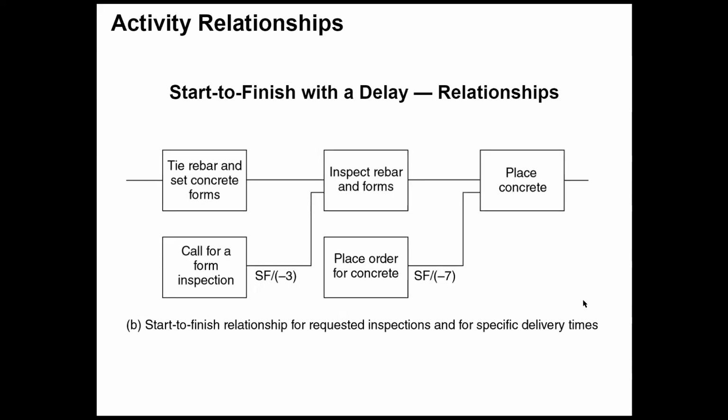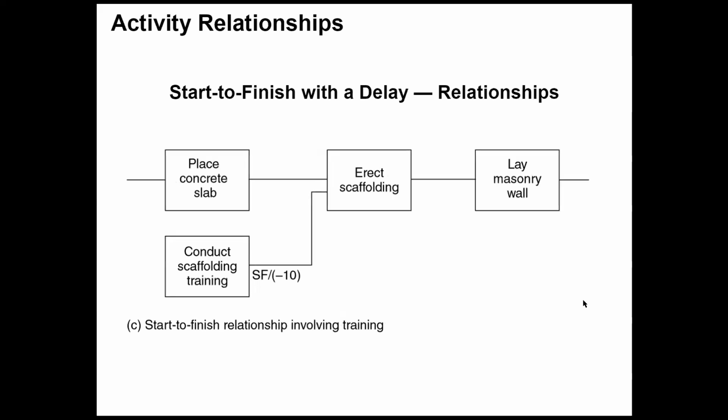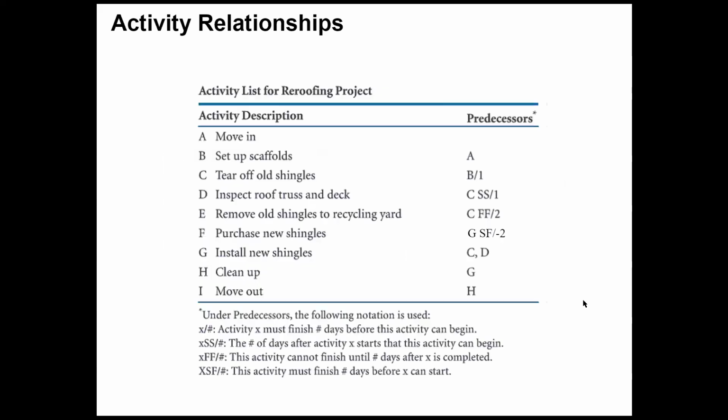When you want to do the inspection, you need to call 3 days in advance. When you place the concrete, you need to order it 3 days in advance, right? And in the same way, you want to erect your scaffolding and you need to contact your trainer 10 days before you install it, right? So this is kind of like an example.